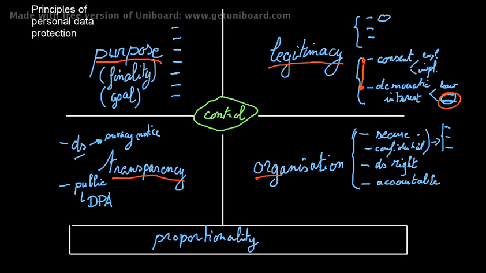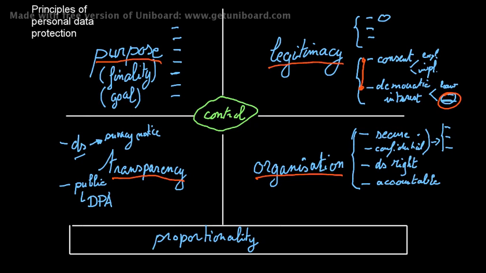And proportionality also comes into the organization. The more sensitive the personal data is, the more you have to make efforts towards security and confidentiality, the more you have to stress that data subjects' rights are respected, the more you have to make sure that everybody in your organization is accountable for things.